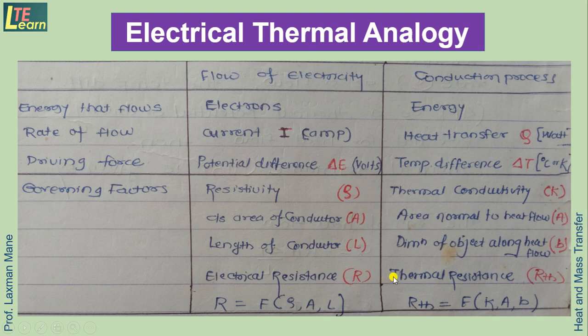Its analogous parameter in thermal is thermal resistance, RTH. Electrical resistance is a function of resistivity, cross-sectional area and length of conductor. Thermal resistance is a function of thermal conductivity, area and dimension of object along the heat flow.